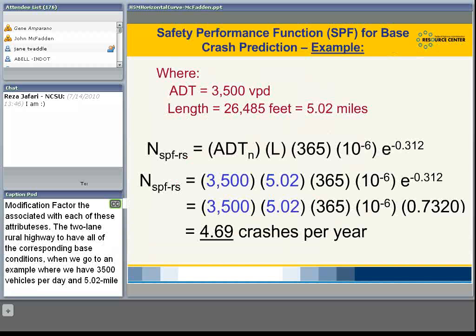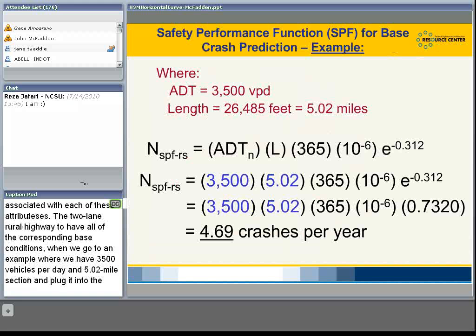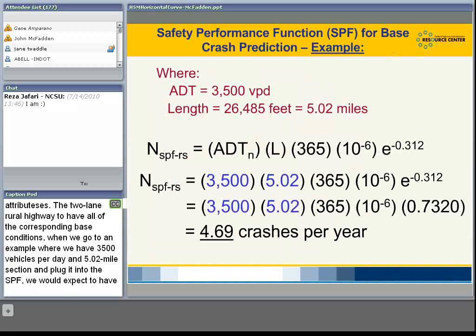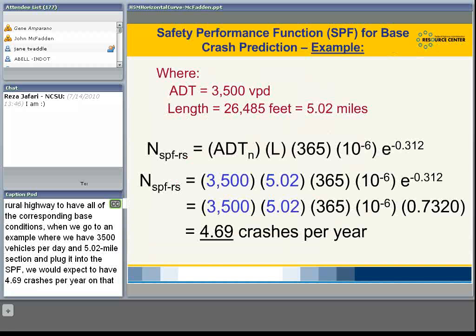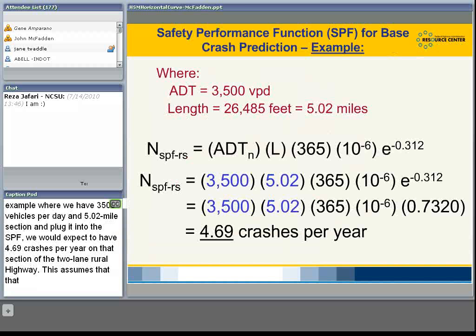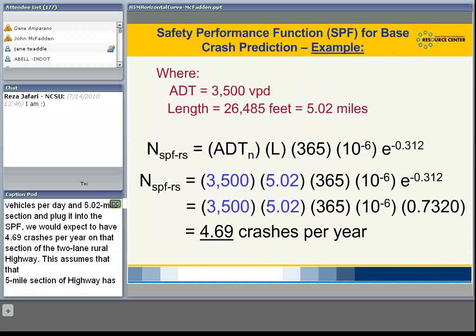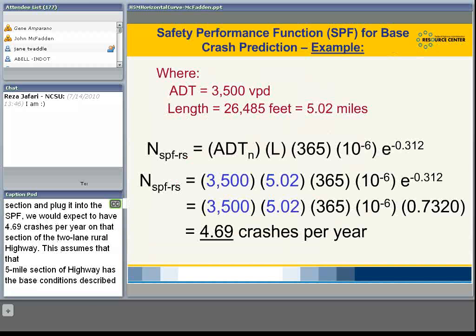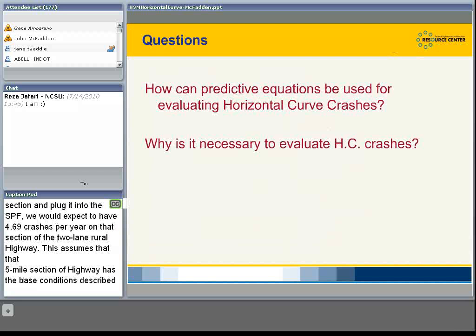So were your 2-lane rural highway to have all of the corresponding base conditions, then if we go back to that example, or forward to an example where we have 3,580 vehicles per day and a 5.02 mile section, and we plug it into that SPF, we would expect to have 4.69 crashes per year on that section, a 5-mile section of 2-lane rural highway.